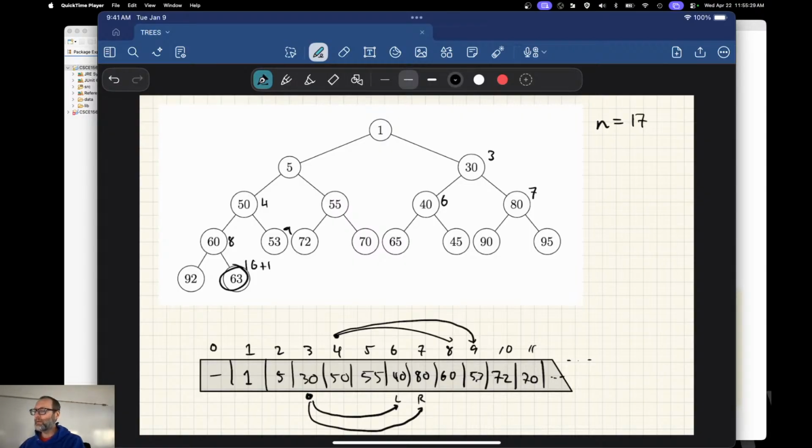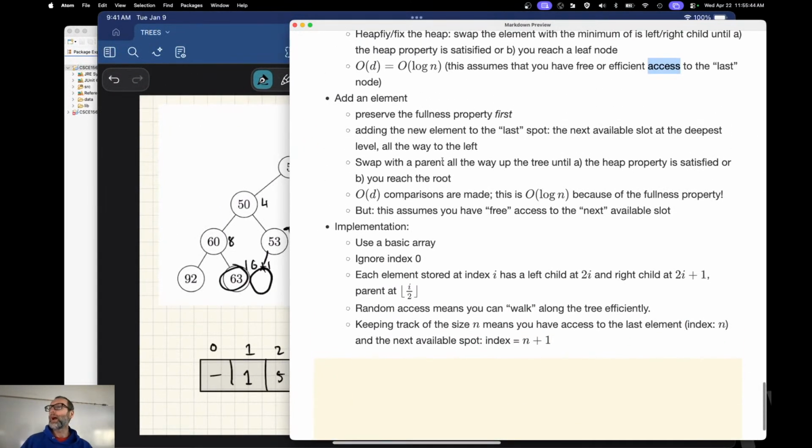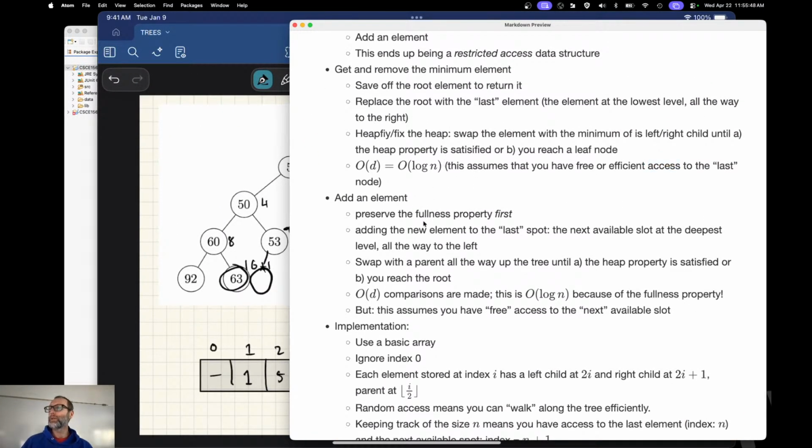At index 17, matches. Where's the next available slot here, the left child of 53? At n plus 1, 18. So my problem up above was solved. I always have free access to the last element in order to swap it with the first element. And I always have access to the next available slot because I'm keeping track of the actual size.